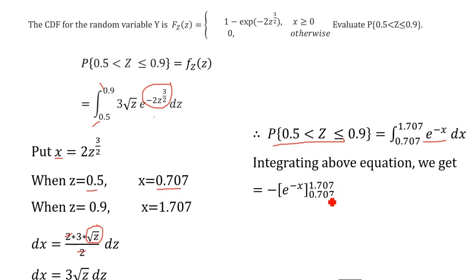The limits should be substituted. After simplification, we get minus e to the power minus 1.707 minus the lower limit e to the power minus 0.707. Simplify, and we will get 0.311.